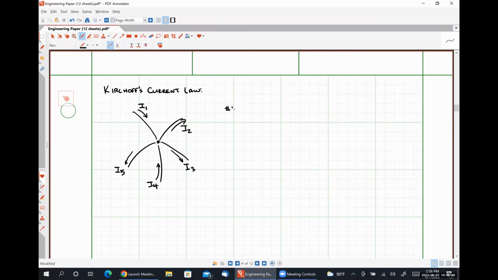Formulation number 1 states the sum of the currents flowing into a node must equal the sum of the currents flowing out of this node.